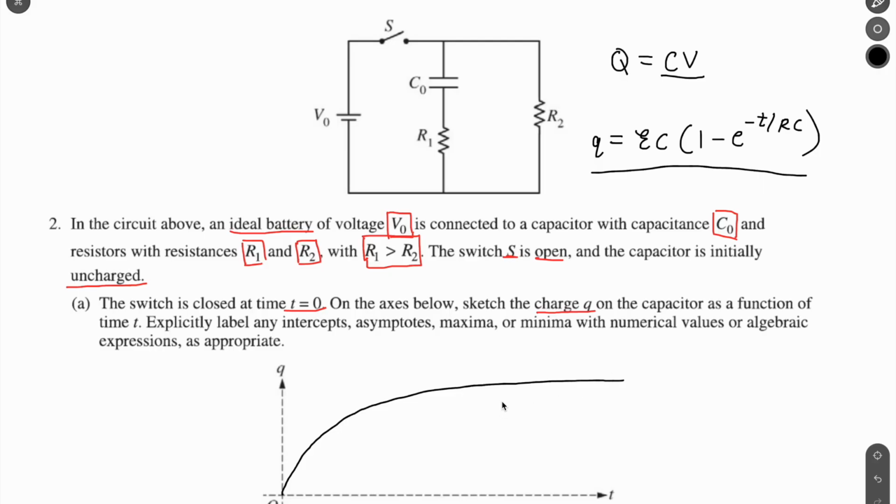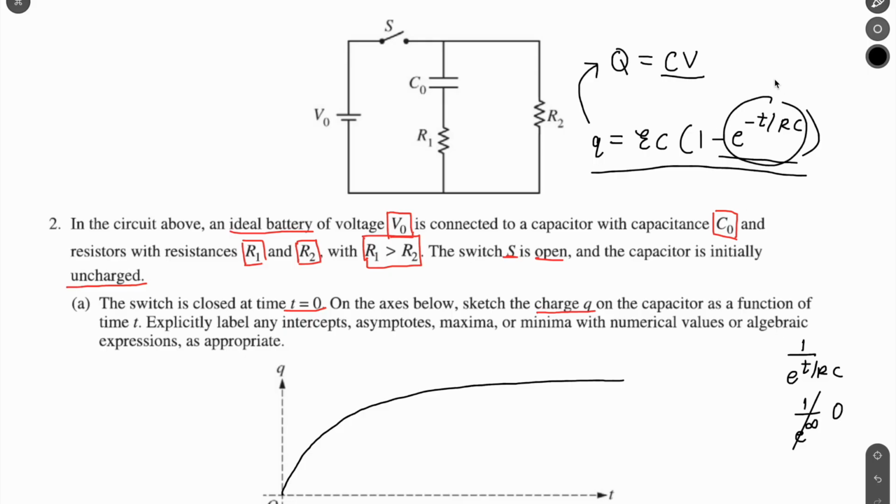Well, not exactly exponential, because it's more of a logistic-looking equation, since we level off at a certain value. The value that we level off at, otherwise known as the asymptote, is again related to this equation. As t approaches infinity, we have 1 over e to the infinity, and that's going to go to 0.